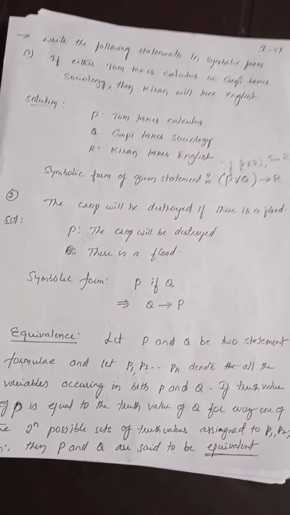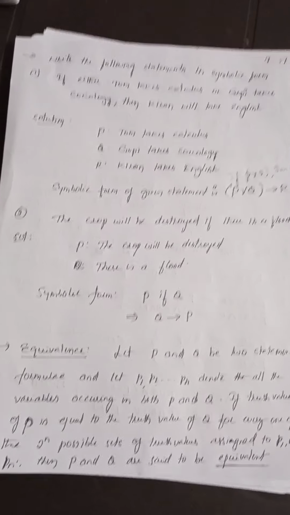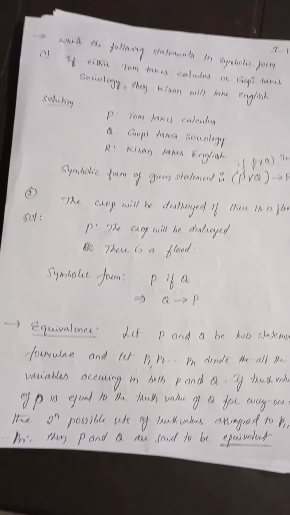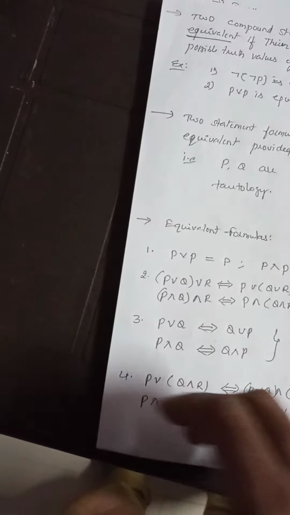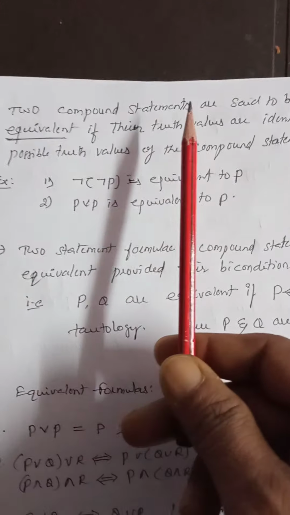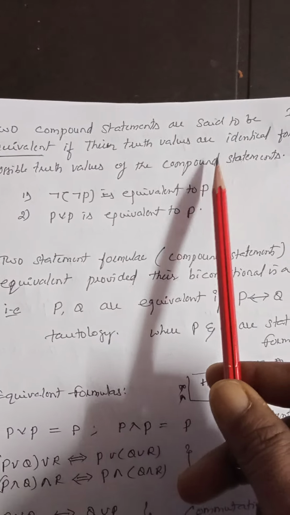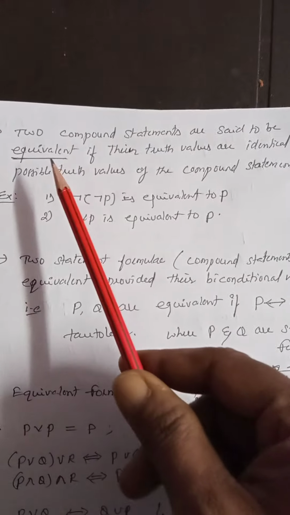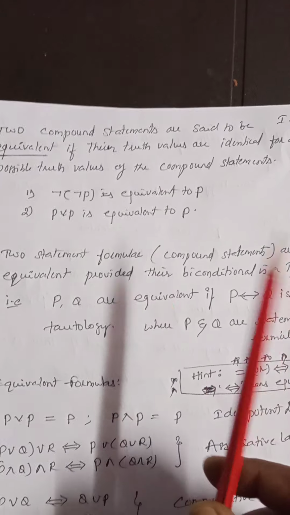That means the truth value of the compound statement P is equal to the truth value of the compound statement Q. Then we can say that both the compound statements are equivalent, right? There is another definition: two compound statements are said to be equivalent if their truth values are identical for all possible truth values of the compound statements, right?